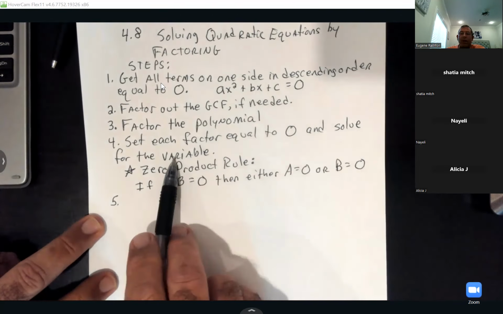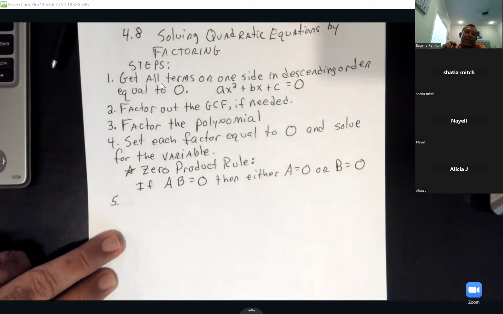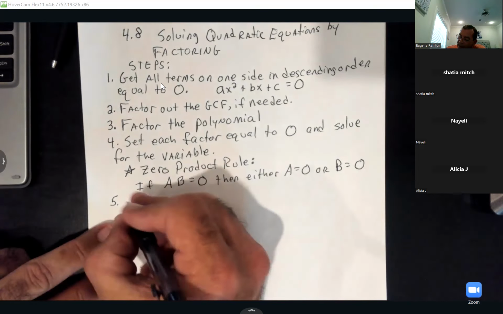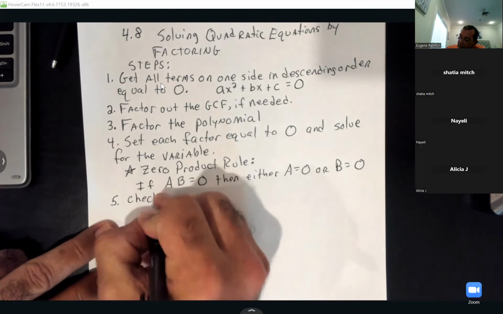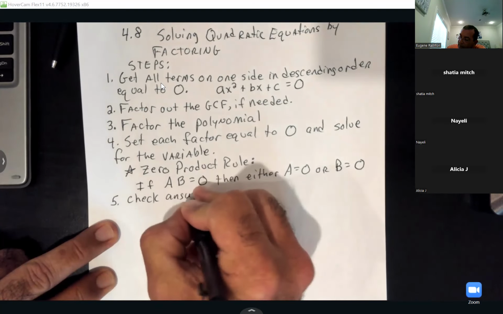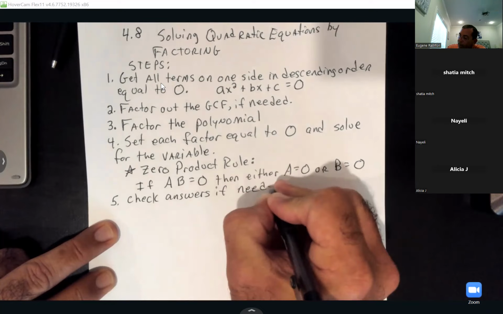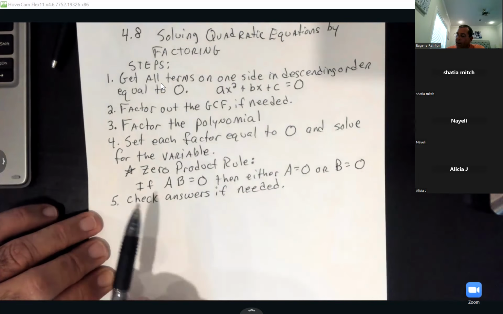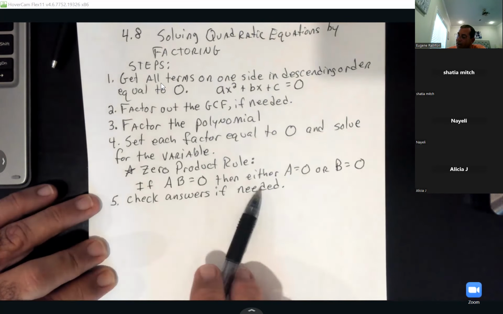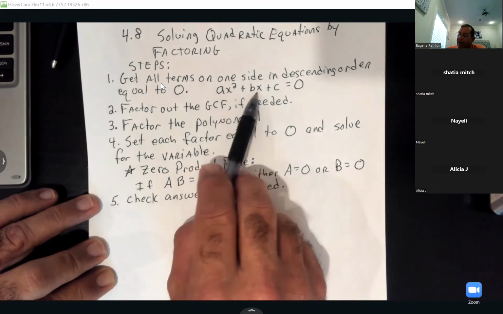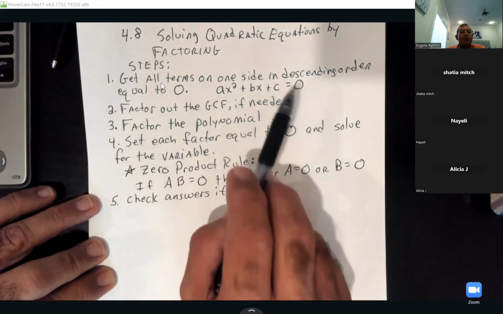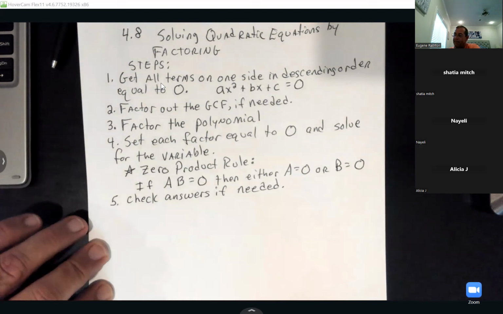So y'all, once I've solved for the variable, I can check my answers if needed. Okay, so that means I'll plug my answers in for my x's and see if I get a true statement, okay?